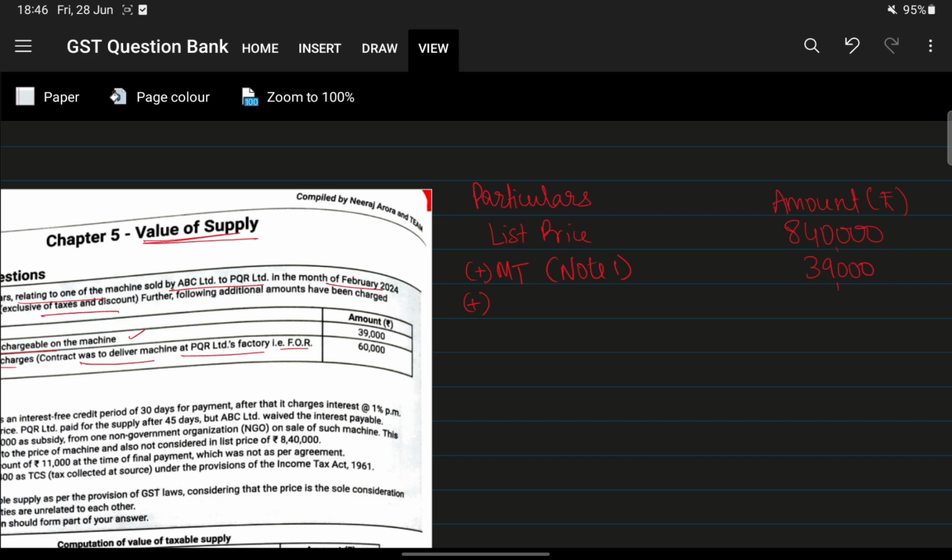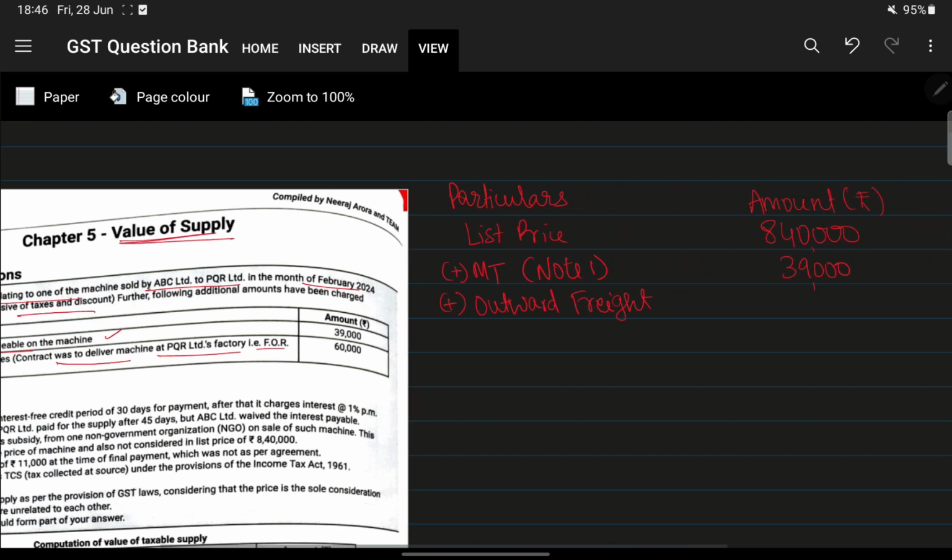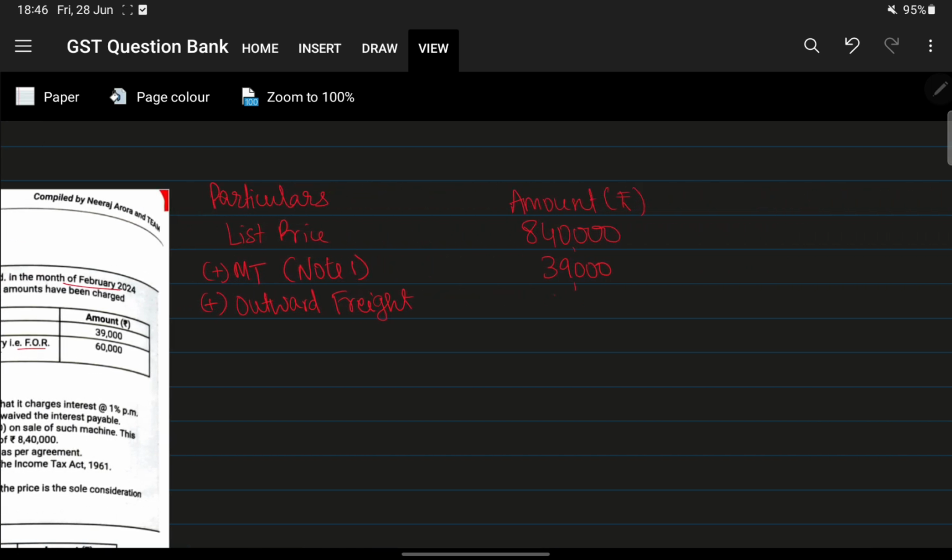Incidental expense, the clause that relates to incidental expenses, right? So we'll just add that also. Okay, outward freight, right? That is almost 60,000. Okay, that explanation will be given in note number 2.